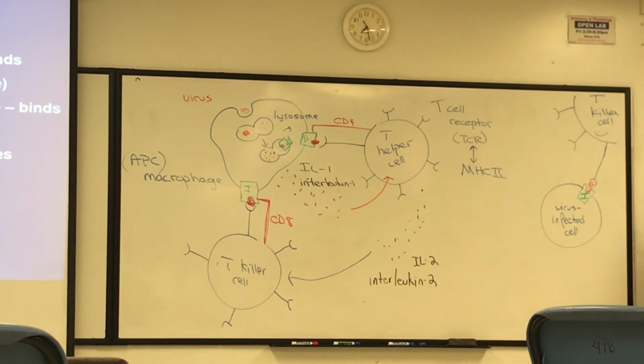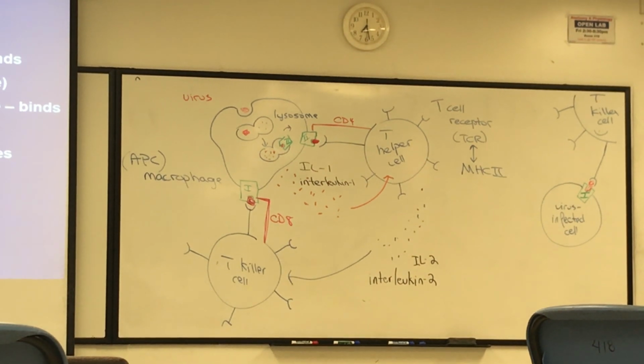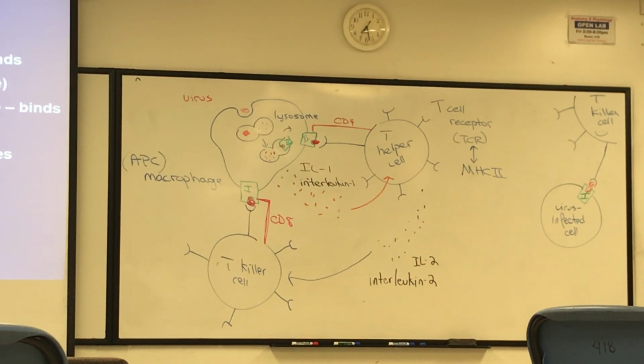Now, do you remember the two chemicals made by our NK cell? What were those two sets of chemicals? It poked holes or perforated the cell, so we call it perforin. And once it got those cells perforated, it sent in enzymes that triggered the cell to kill itself and break itself down.